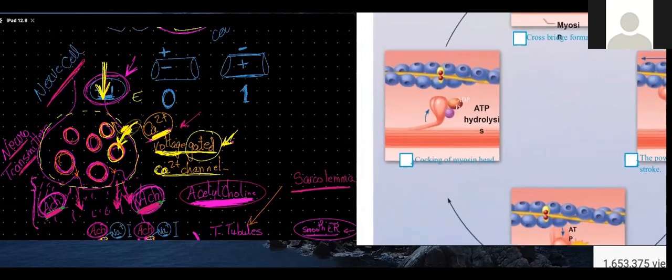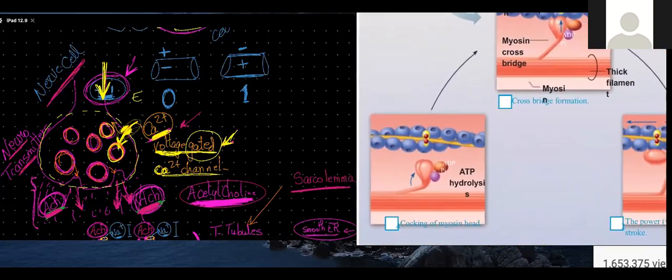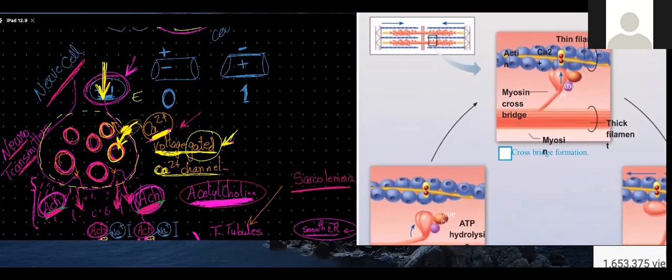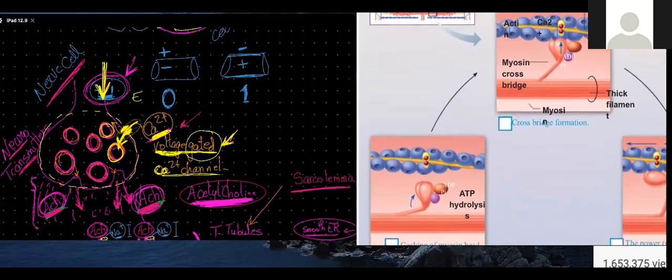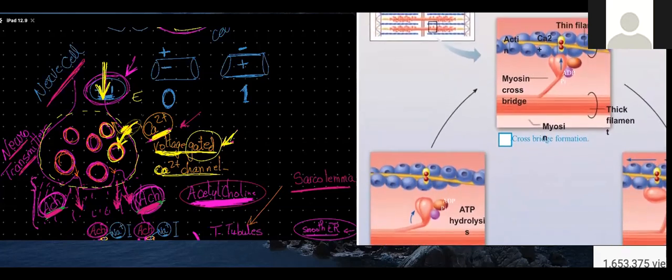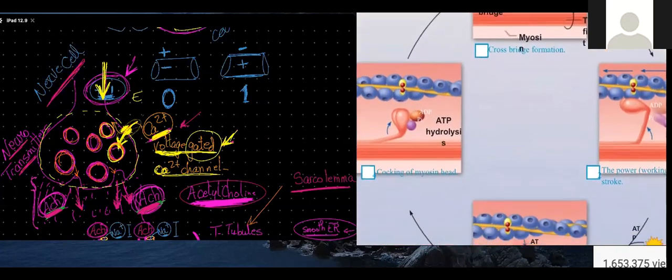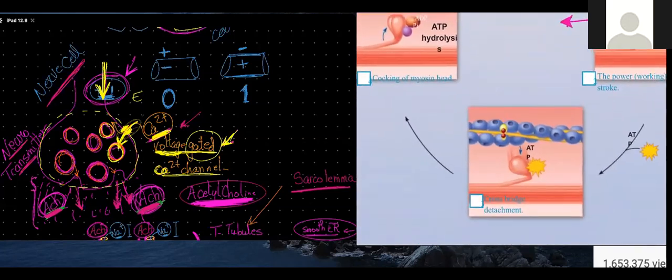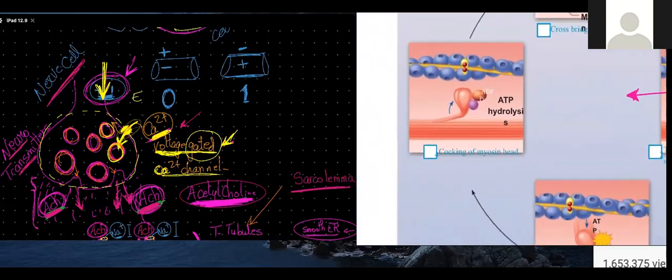So what you're going to do next, as you pull the actin, remember, in order for you to perform this action, to extend the arm, you need to get ATP to bind, and once you bind to the actin, you pull it towards the M line, and then in order for you to detach, you need another ATP to detach, either to relax or to keep contracting and bind to the next one.